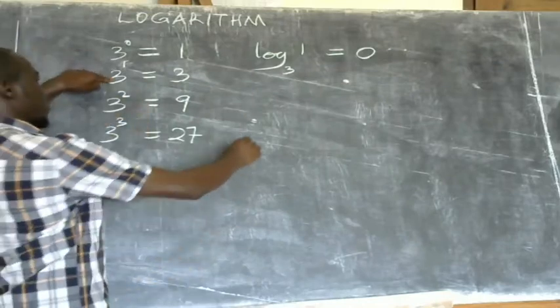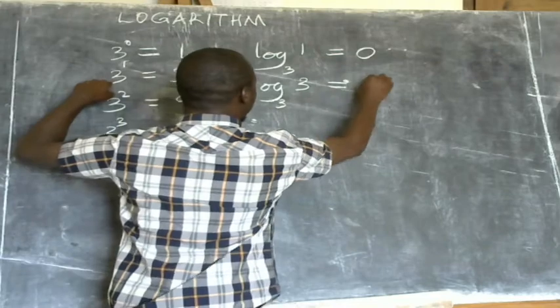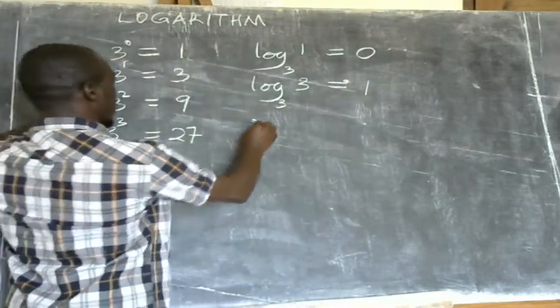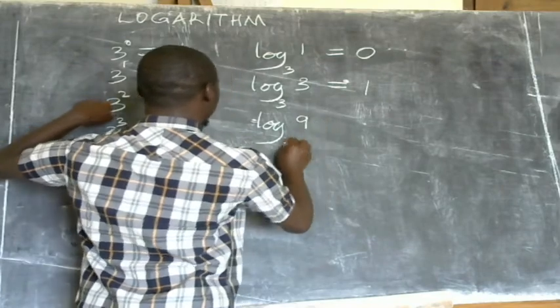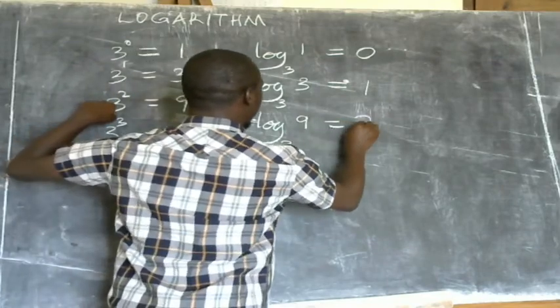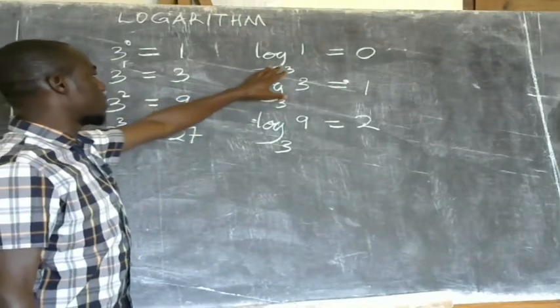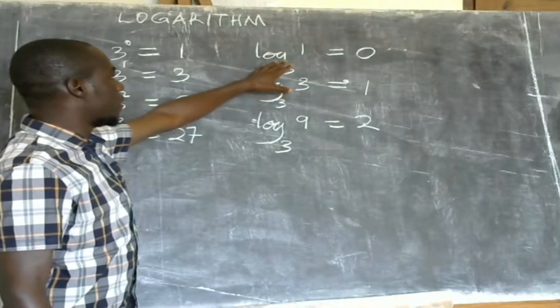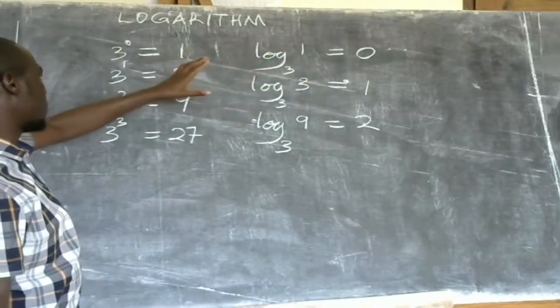When I go to the next one, log of 3 base 3, this one is a 1. Log of 9 base 3, this one here is a 2. So here, log of a number is the power of the base, like I defined earlier.